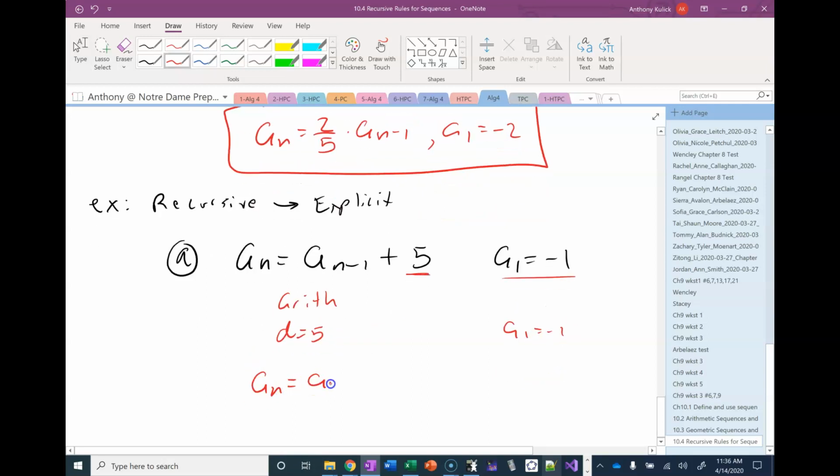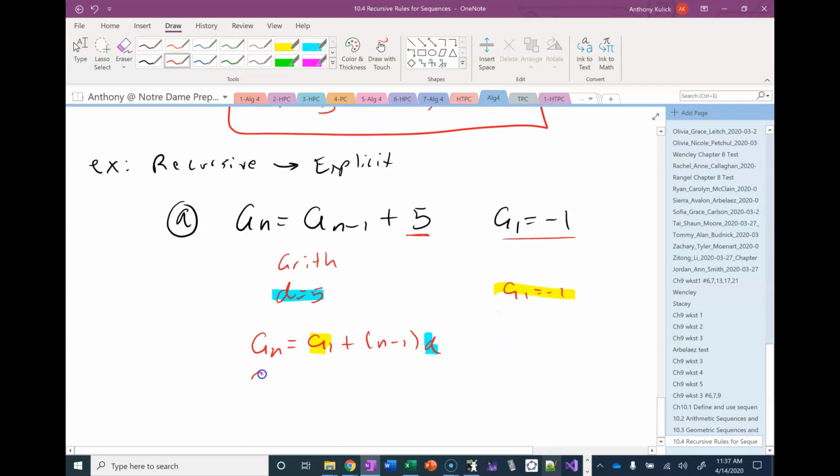Now, if you remember, the explicit formula for an arithmetic sequence was just this. We need the first term, got that. And we need d, got that. So I have everything I need. If I just plug things in, I have -1 plus n minus 1 times 5.